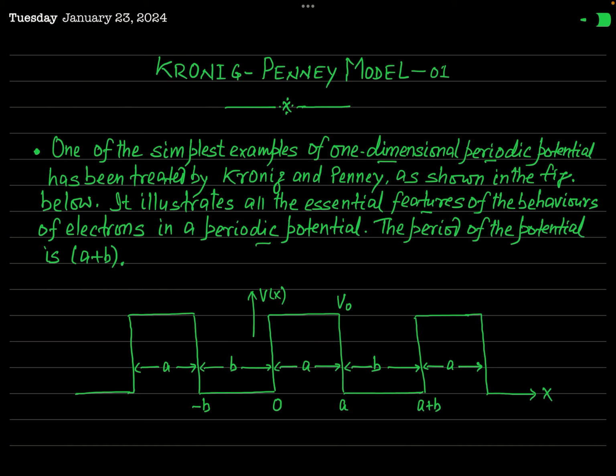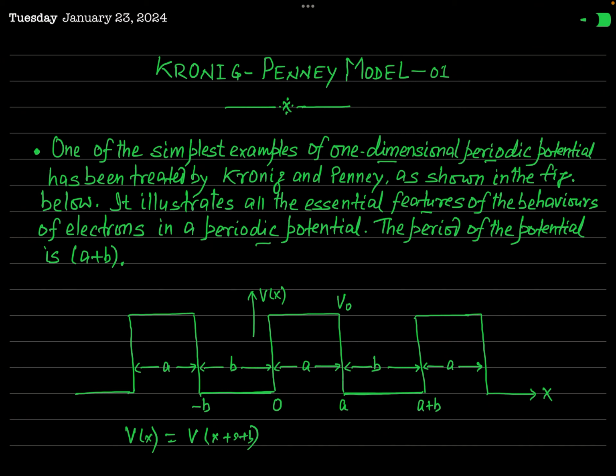Here, the region between -b and 0 is the potential well, and a plus b is the period of the potential. It means V of x is equal to V of x plus a plus b.